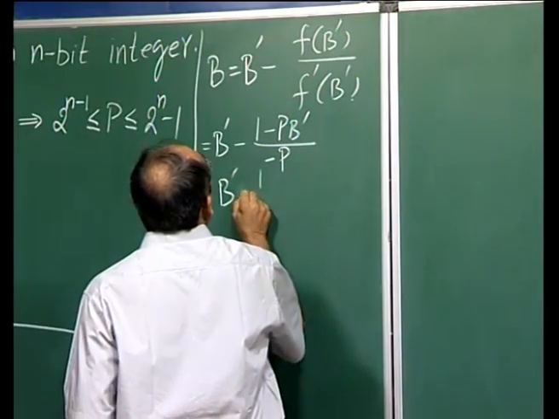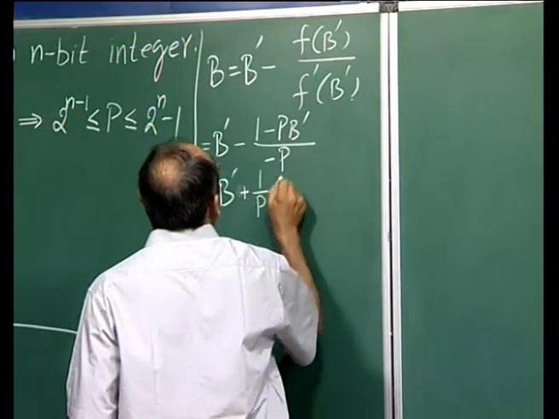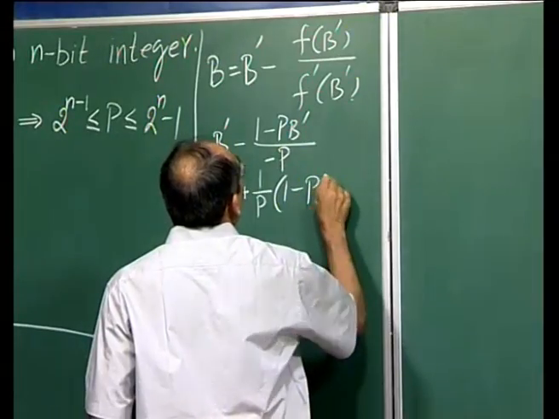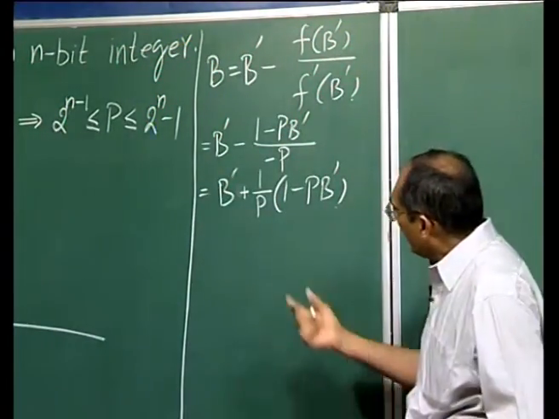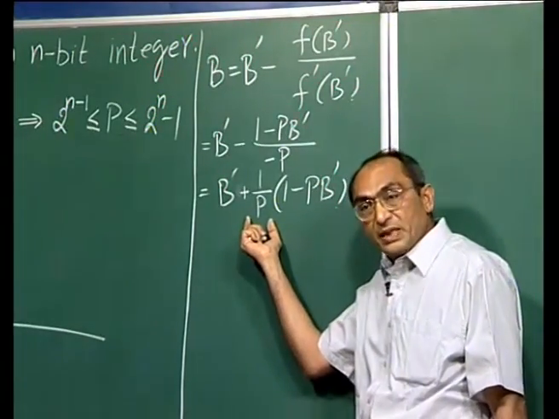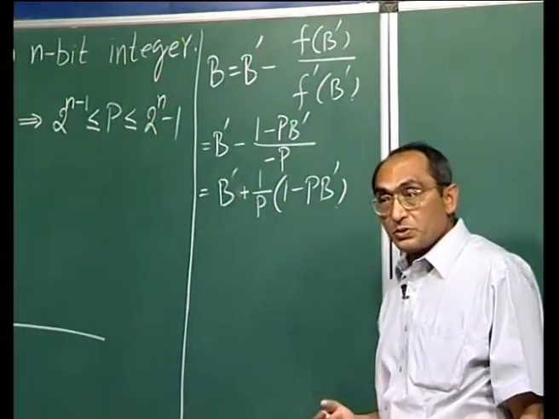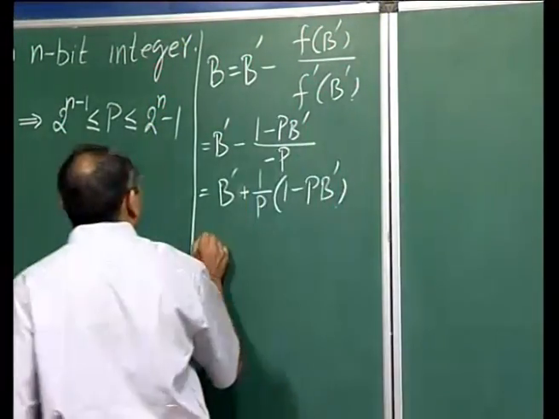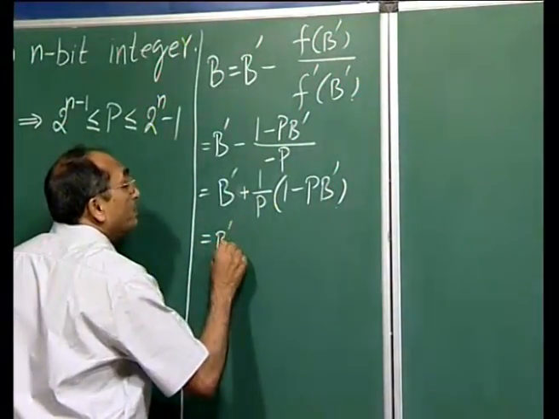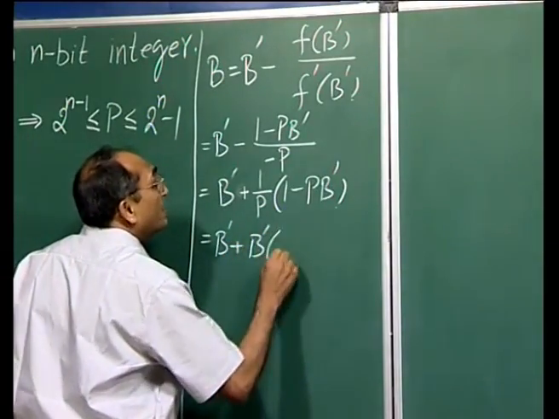This is plus 1 over p, 1 minus p b prime. Unfortunately, we do not know 1 over p, that is precisely what we are trying to compute. So, we will plug in the approximation that we have, and that will make it b prime plus b prime.